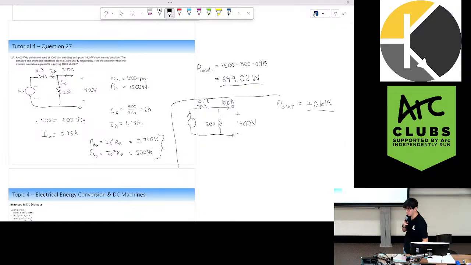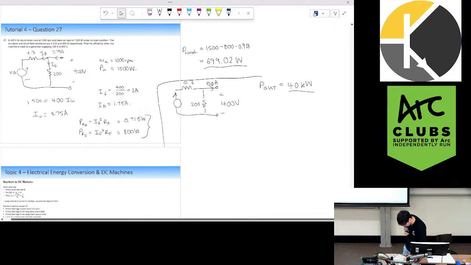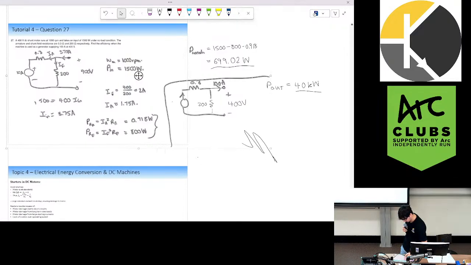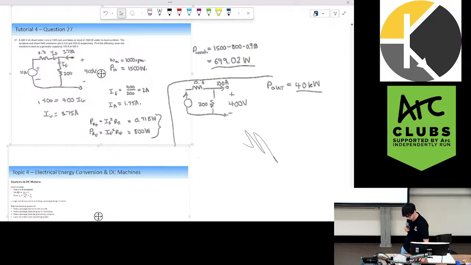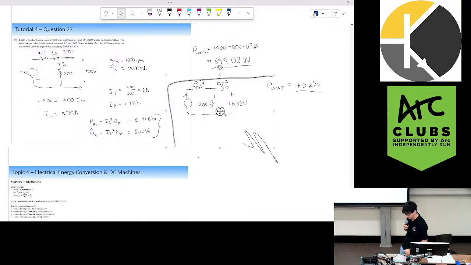So next, again, we're going to find the losses across each of the resistances and add on the constant loss that we have, and then we will be able to find the efficiency. So we know our input power is going to be the total of all the powers in our circuit.